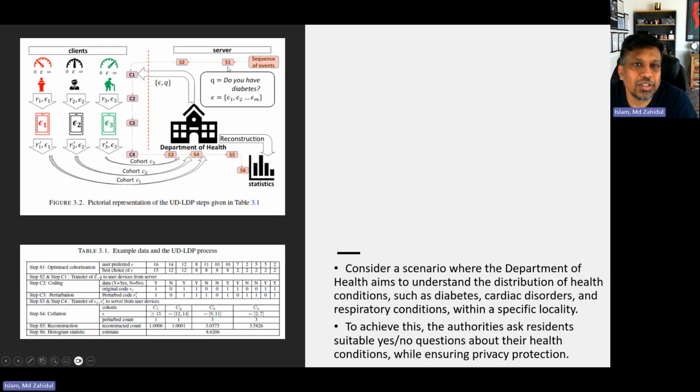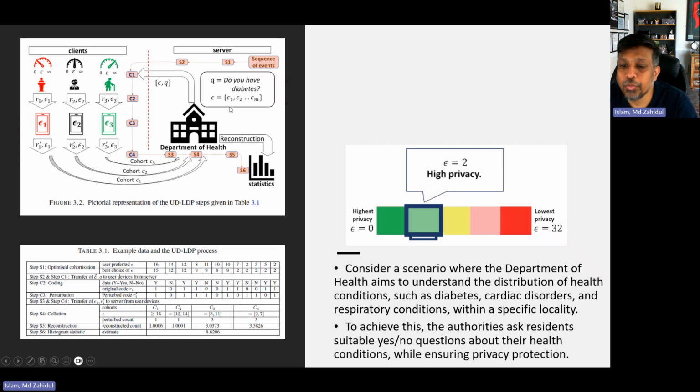So first step is S1, and S1 is optimized cohortization. By that, we mean that instead of assigning one single epsilon value for privacy, epsilon value for privacy means in local differential privacy, lower epsilon means higher privacy.